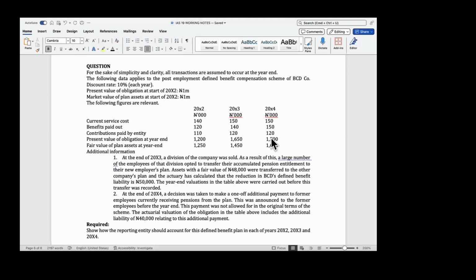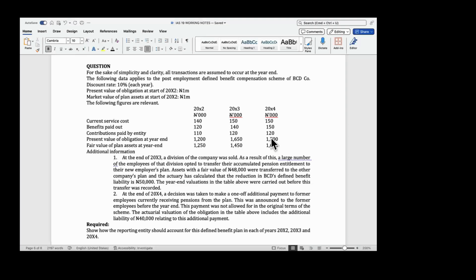The following figures are relevant: current service cost for 20X2, 20X3, 20X4; benefit payout; contribution paid by entity; present value of obligation at year end; fair value of plan assets at year end. Assume all figures are correct.